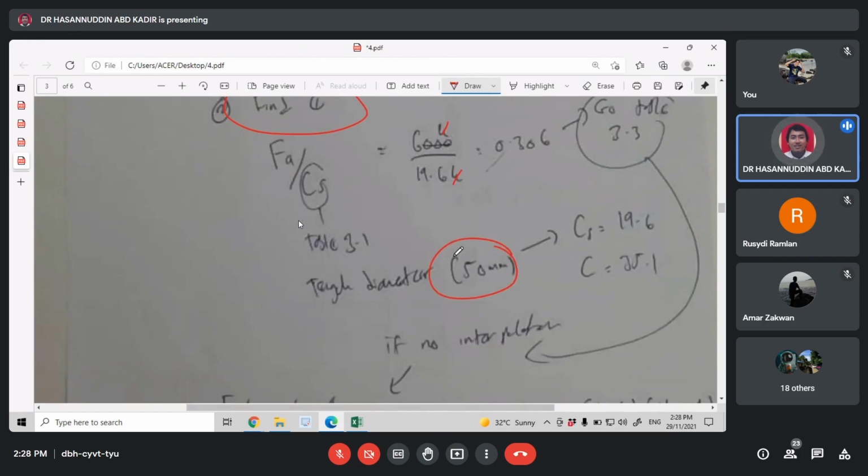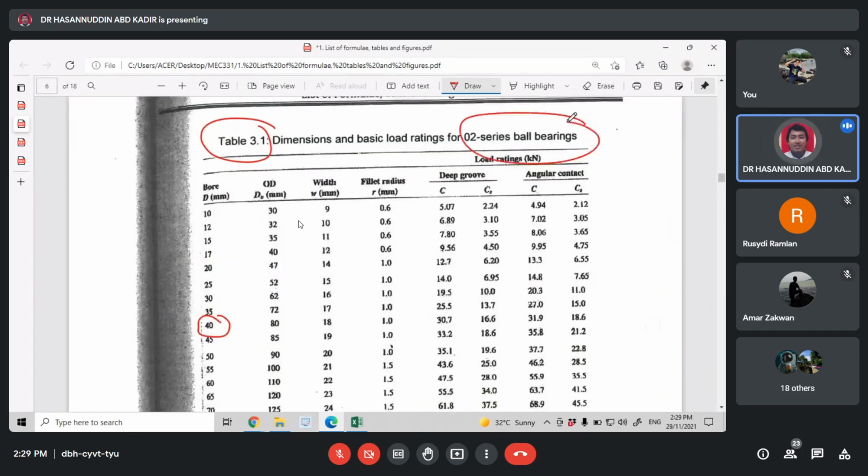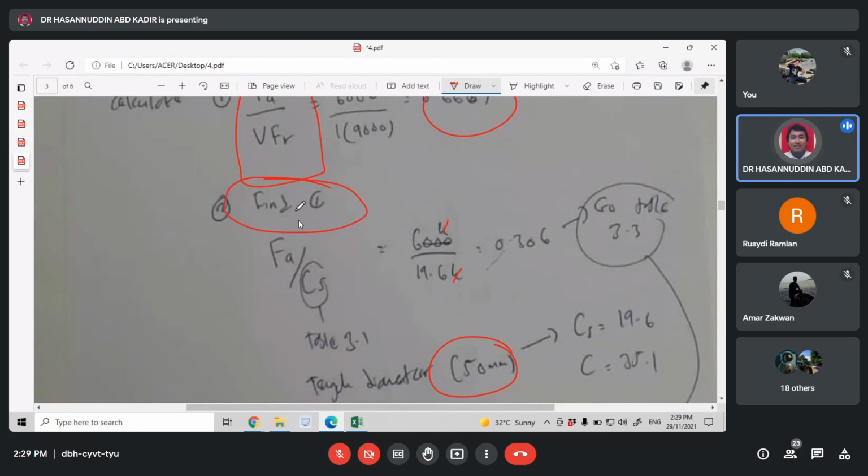Then we have a diameter of 50 mm, so we go to table 3.1. For the deep groove ball bearing with 50 mm, you can find the value of C and also CS.